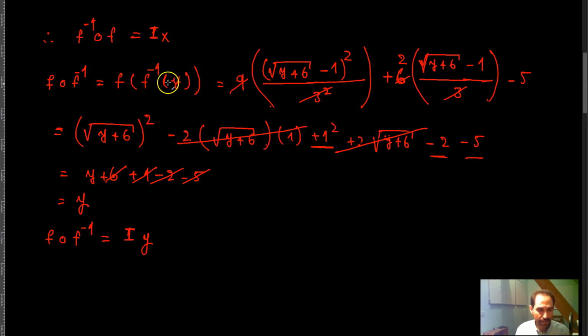This y is some y belonging to the codomain of the function, which is capital Y, and this capital Y is the codomain of the function, right? So you need to understand these things.